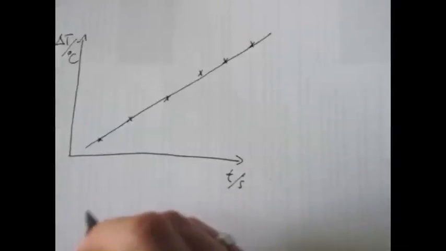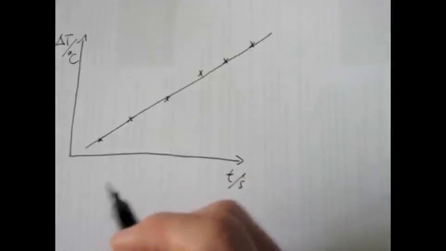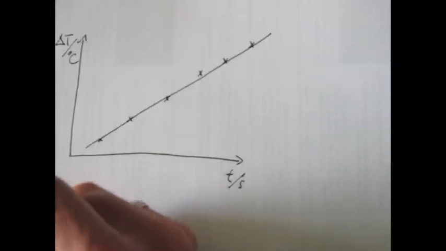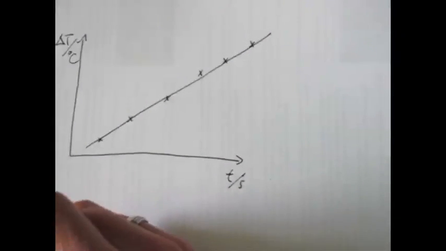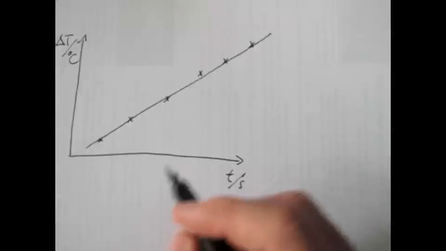So what you need to do is have a look at the formulae. Now what you have is you've measured the current, you've measured the voltage, and you have also measured the time, you have measured the change in temperature. And what we're after is the specific heat capacity of water.